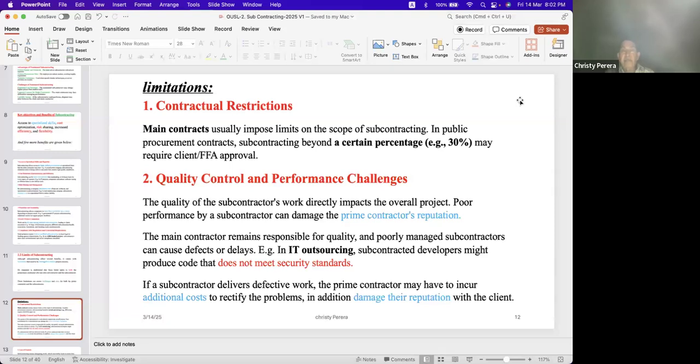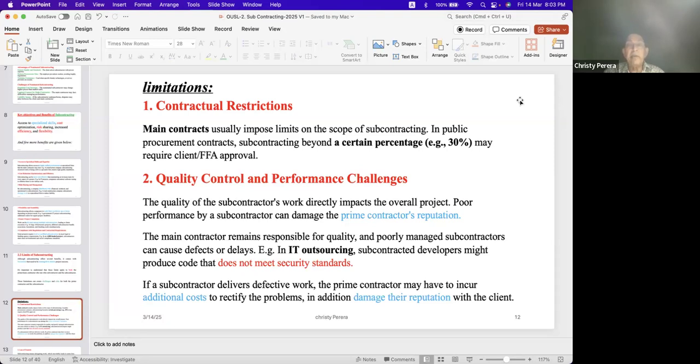His poor performance in some work will reflect on the main contractor and damage his reputation. Right? Because the main contractor remains responsible for quality.